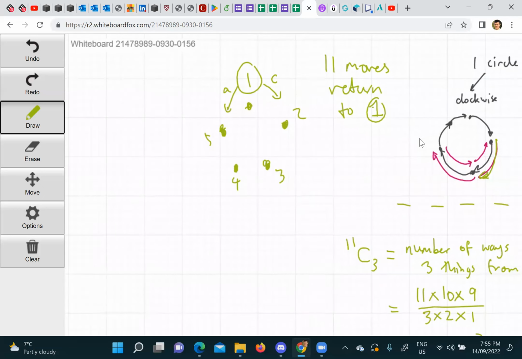Then if you think about this, a sequence of moves can be just thought of as a sequence of A's and C's, right? And so we can break it up into 2 cases.